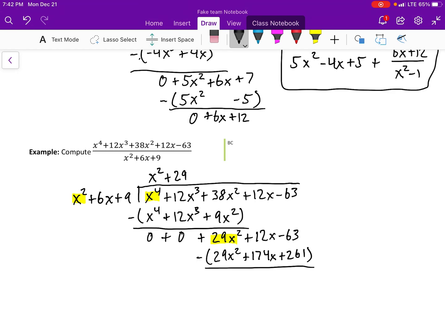So again, we have 29x squared minus 29x squared. That's 0. We have positive 12 minus 174. That's going to give us negative 162x.